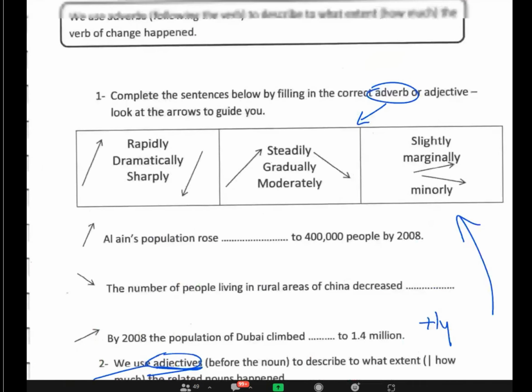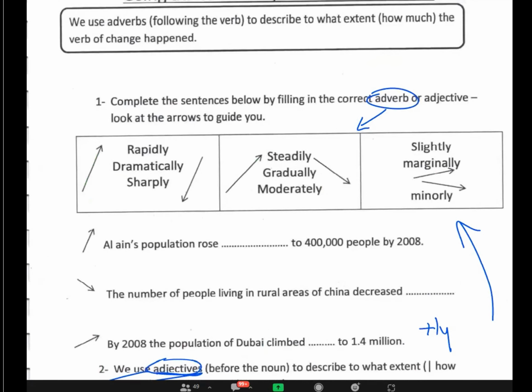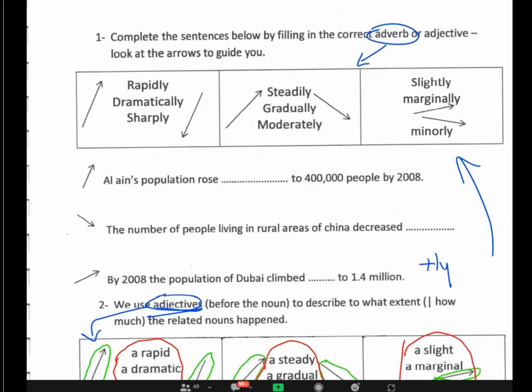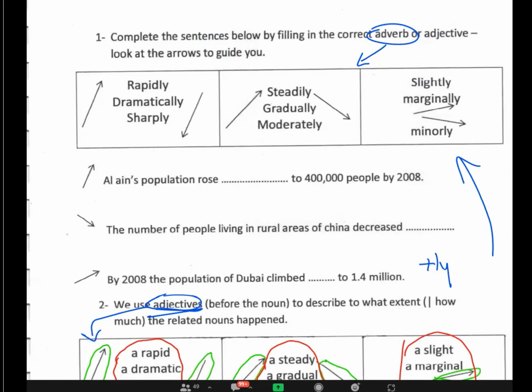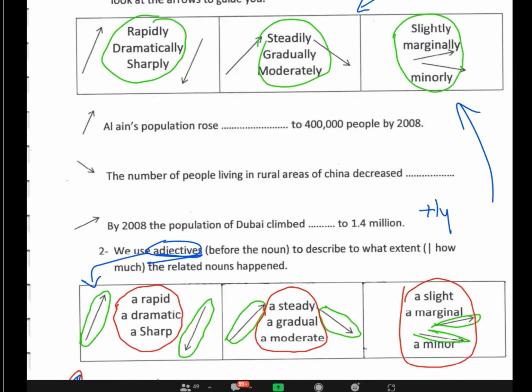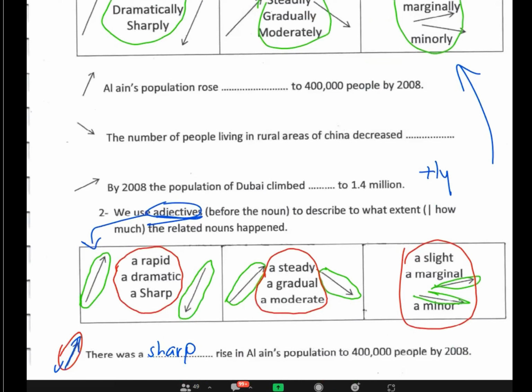Okay, now let's go to the adverbs here. The same thing, same thing. If you look at the arrows, use rapidly, dramatically, sharply, steadily, gradually, moderately, slightly, marginally, minorly. Now we will see the difference in the sentences, but I want you now to write the words here.